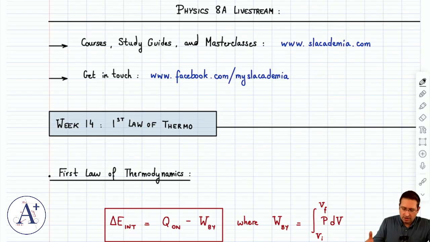And having hammered that for almost 15 weeks, now I stand here and I'm about to say that what you should do for thermo is blindly apply formulas, on the condition that you know exactly which formula applies when. So there's no messing around with words.